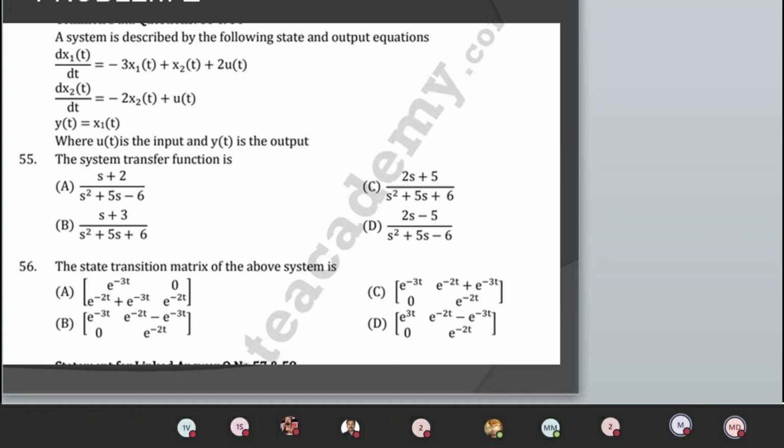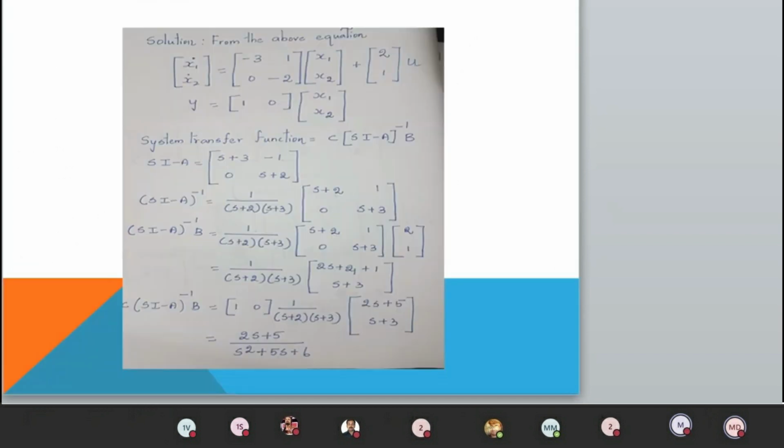Now let us work our problem. From the above equation, what is sI minus A? It is [s+3 -1; 0 s+2], because A is [-3 1; 0 -2] and I is the identity matrix [1 0; 0 1]. sI is multiplying s with the identity matrix.